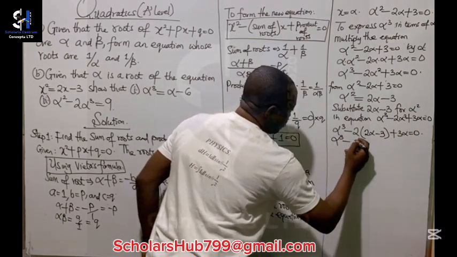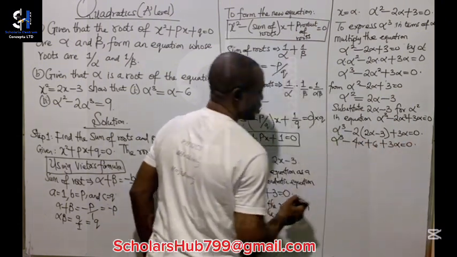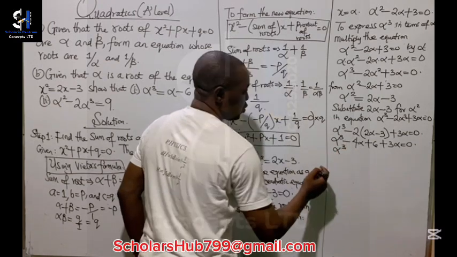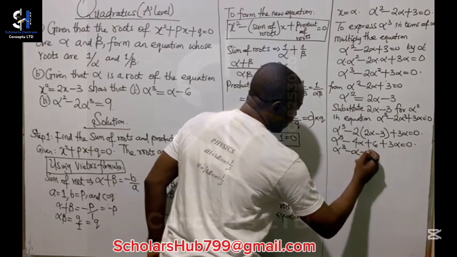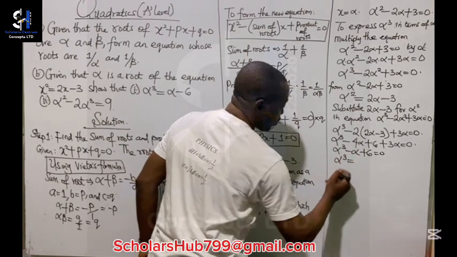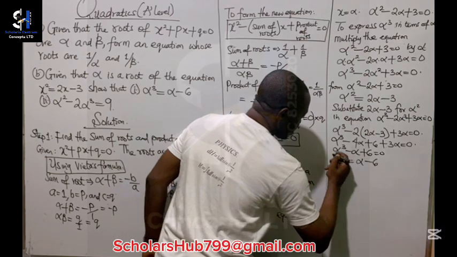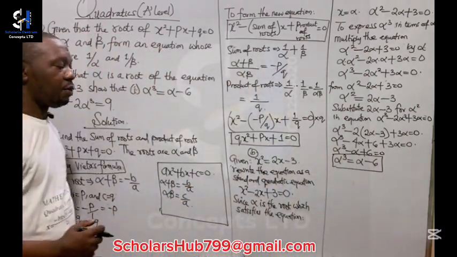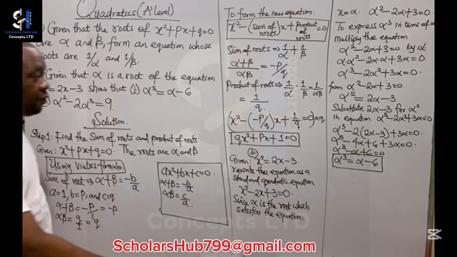So this will be alpha cubed minus 4 alpha plus 6, then plus 3 alpha equals 0. Negative 4 alpha plus 3 alpha is negative alpha, so we have alpha cubed minus alpha plus 6 equals 0. Moving this to the other side, alpha cubed equals alpha minus 6. And we have just shown that alpha cubed equals alpha minus 6.